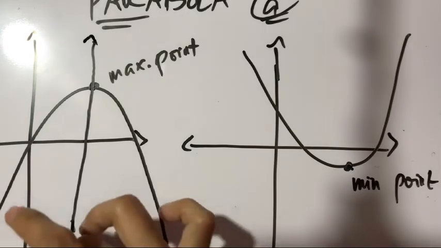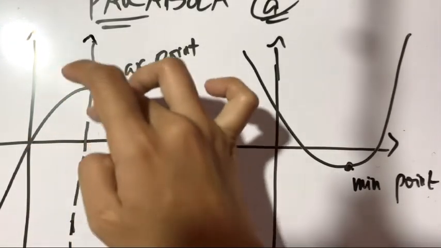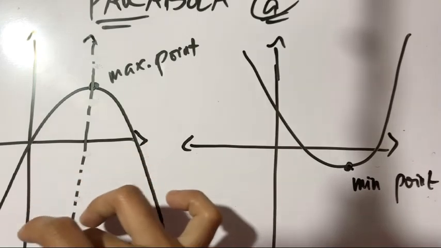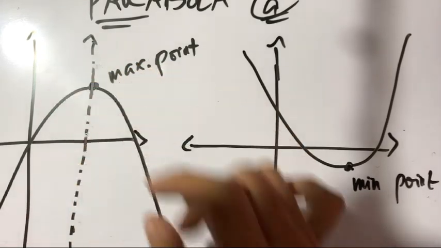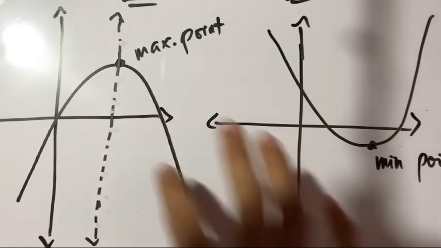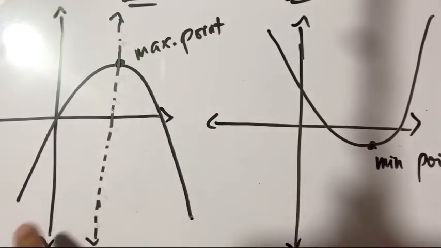Now, this one is an imaginary line that divides the graph into two equal halves.